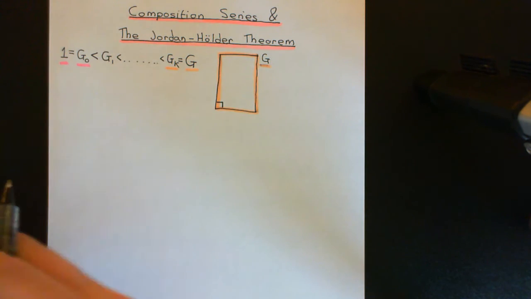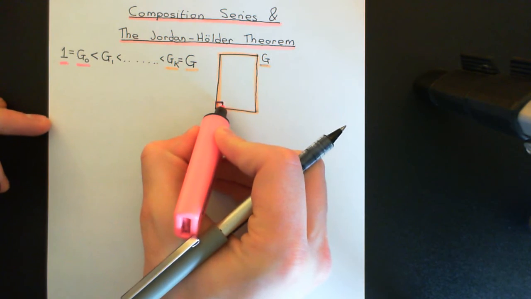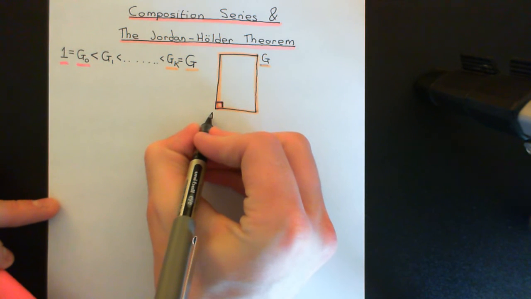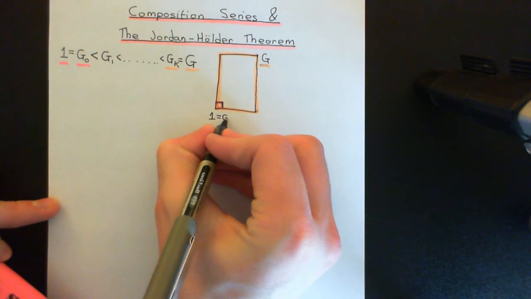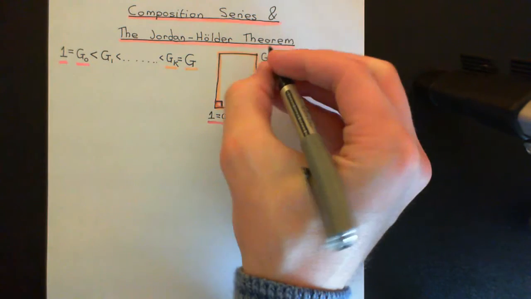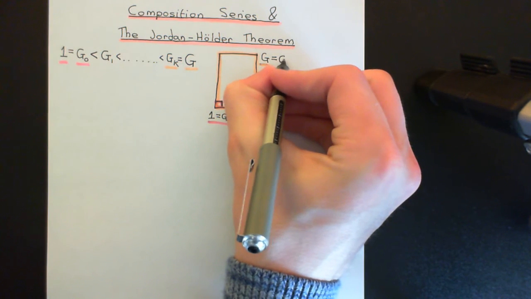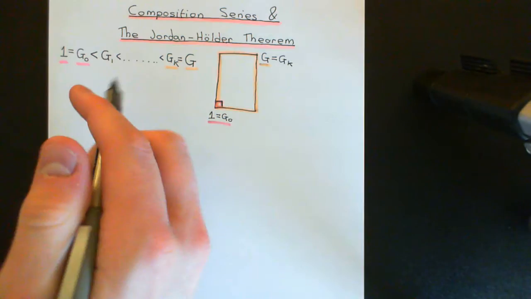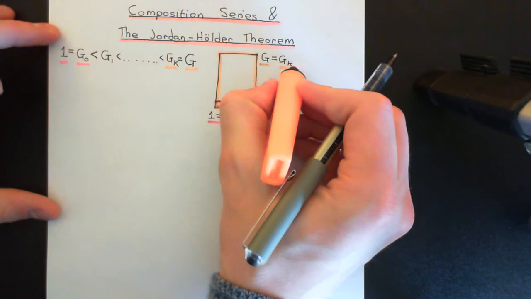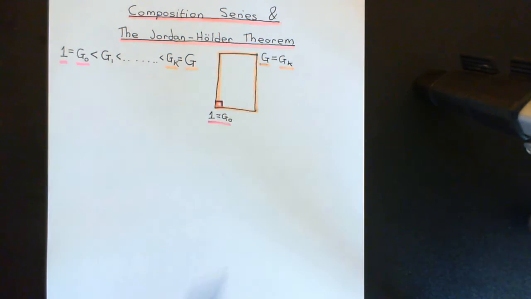That will just contain a single element, which will be the identity of our group. So here is what we could call either 1, or we can call it G0. Likewise, we're going to call G here GK, so that it fits into the notation of the groups involved in this ascending chain being labelled G with an index number.